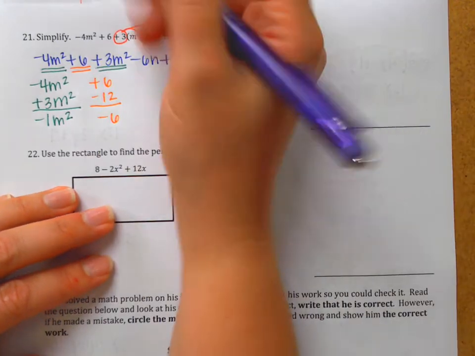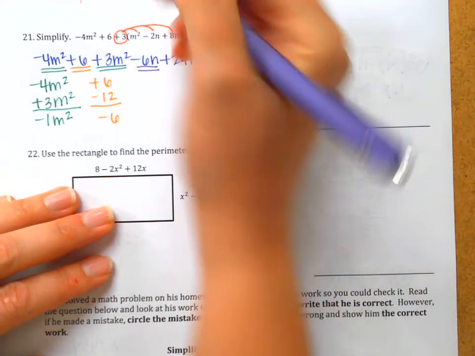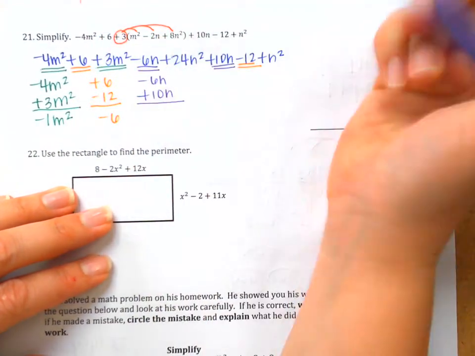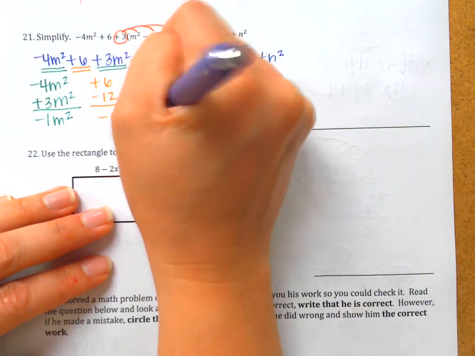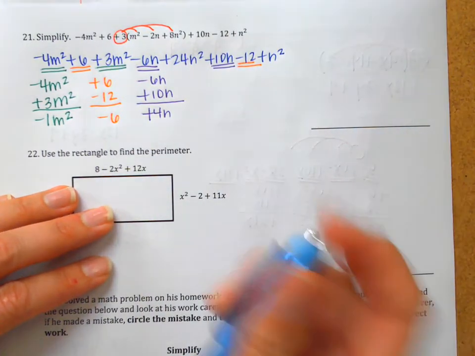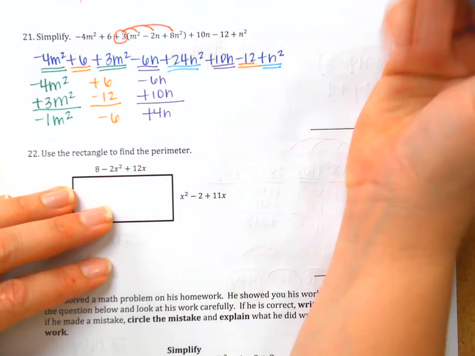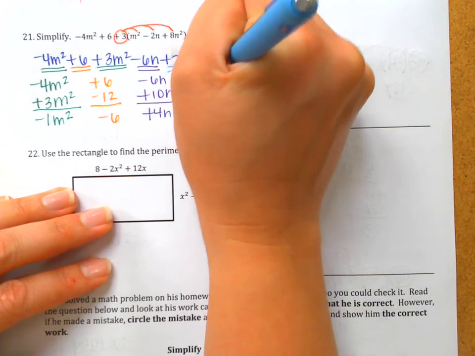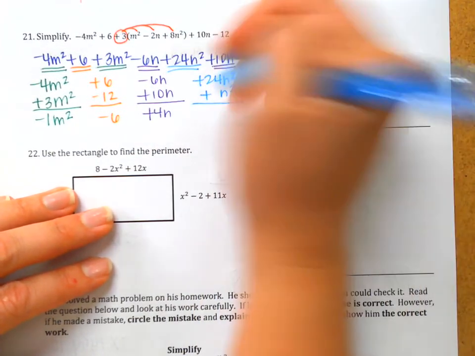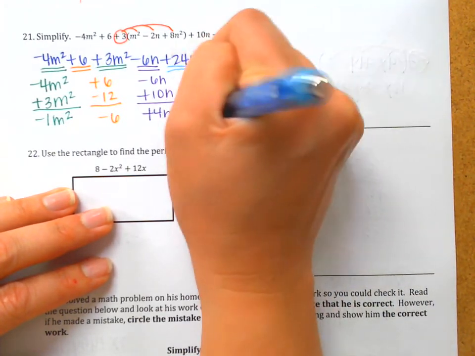Okay, next one, negative 6n can combine with 10n. Negative 6 plus 10 is 4n, positive 4n. And then we have 24n squared plus n squared. Remember, that's just 24 plus 1, so that's 25n squared, positive.